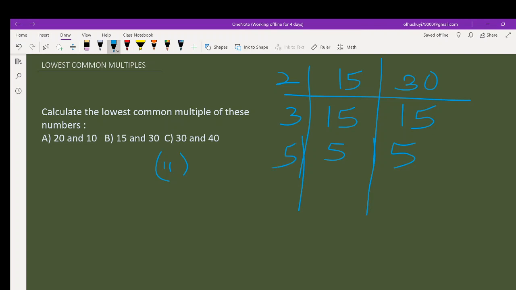Then here 5, 1, 1. So the LCM becomes 2 times 3 times 5. And that gives us what? 30, which is equal to what we got the other time.